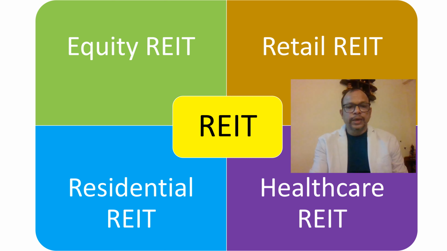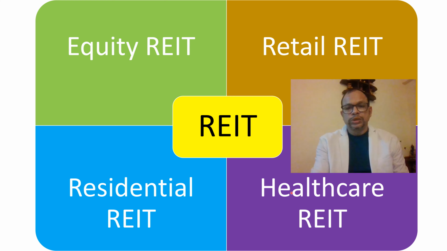There are different types of REIT. The basic and common structure is the equity REIT, where the investor buys in the form of equity. The other one is the retail REIT, where the investor's amount will be invested in retail assets only.